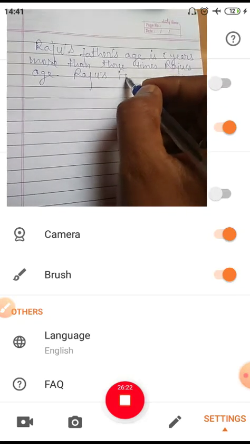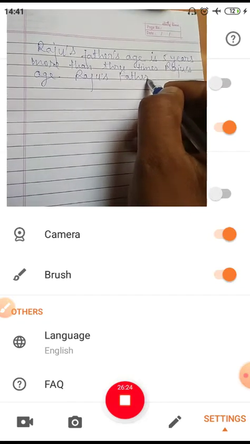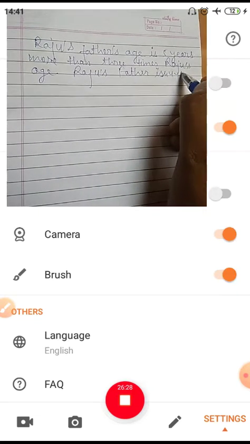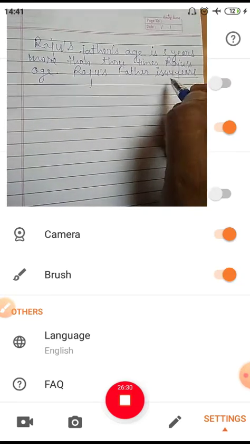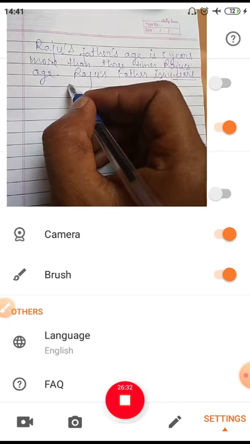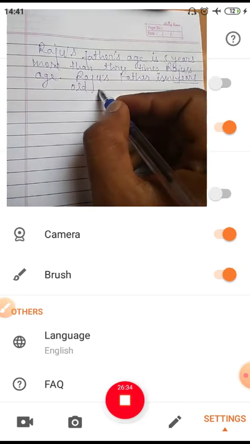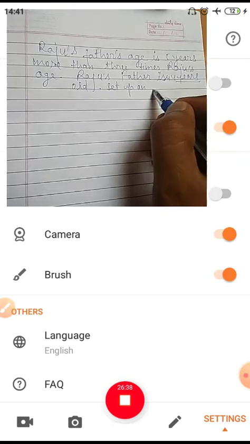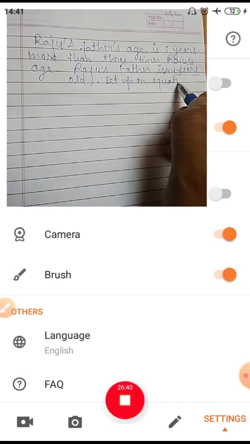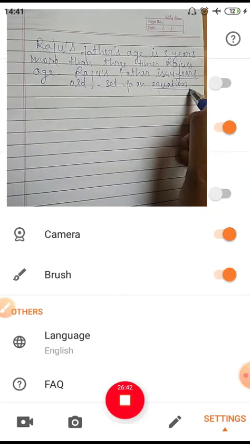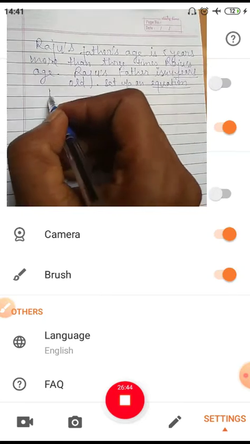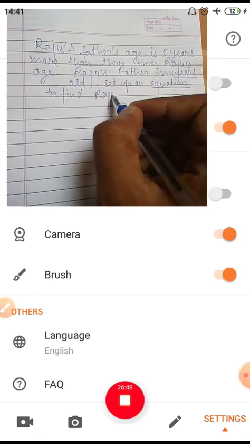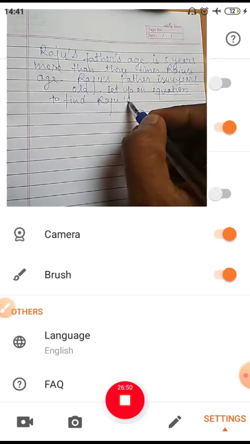Raju's father is 44 years old. Set up an equation to find Raju's age.